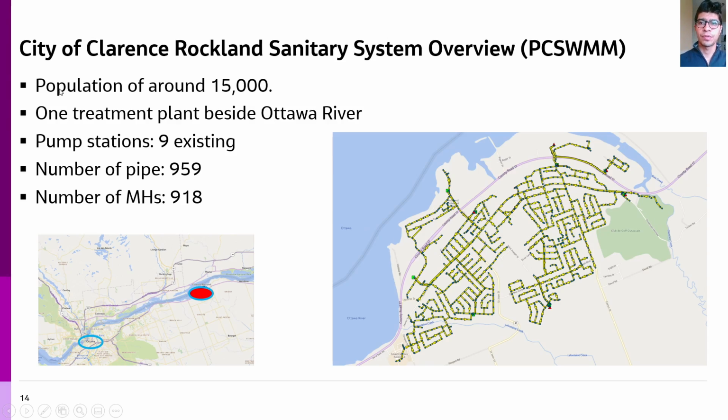It serves a population of around 15,000, give or take. There is one treatment plant beside the Ottawa River, 9 pump stations existing, and there's going to be more as we explored during the master plan based on the population growth and projection in the years to come. Number of pipes, 959, and number of manholes, 918, just for you to have an idea of how big the model is, which is not a big model, it's a medium-sized model.